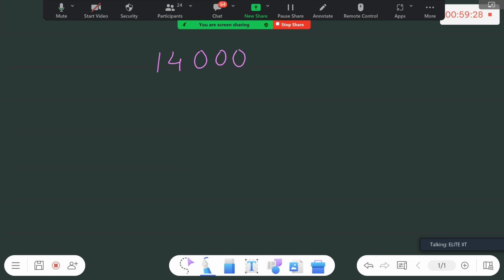Isn't it 14,000? It is beginning with 14 and then we write 3 zeros. So now you have to find the smallest 5-digit number beginning with 14, but it should be divisible by 13.